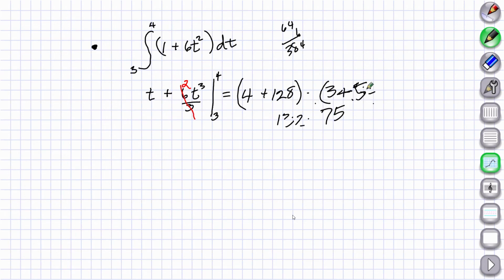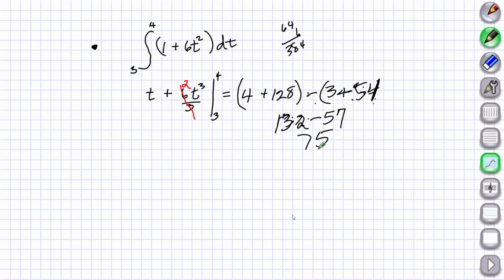Oh, that's the answer. Wait, this is 54. This is 357. Sorry about the pen kind of doing its own thing. 75 would be the answer.